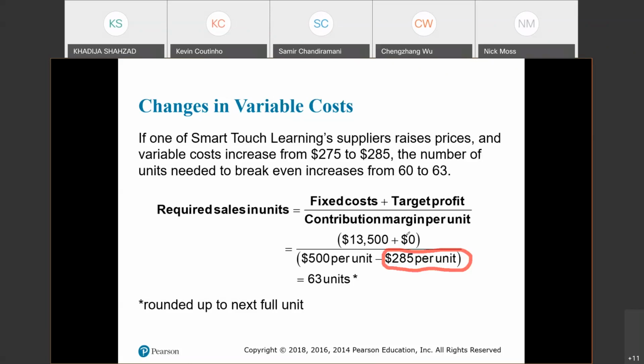So let's see, in this case, what happens? In order to achieve the break-even point, we know the required sales units increases from 60 units to 63 units.